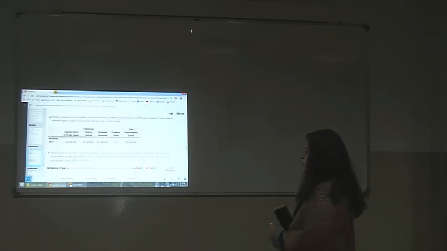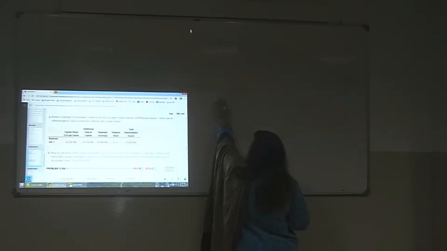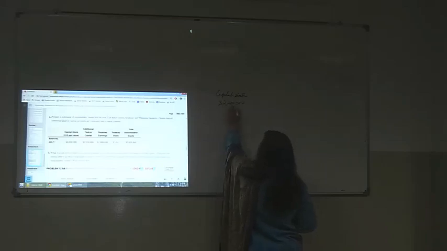You can see that we have the capital stock, the opening balance of 2,000, and that is just for common stock, so it is $10 par value.